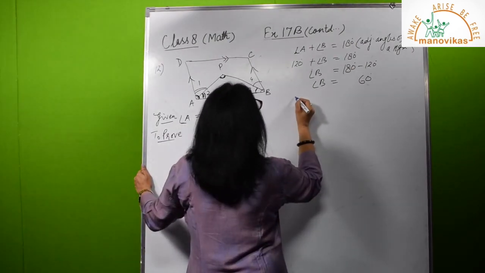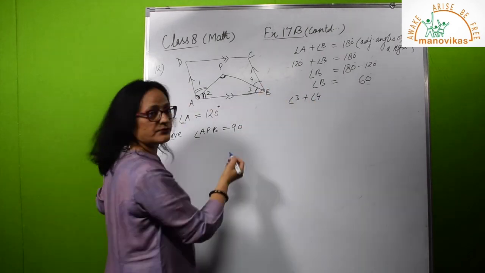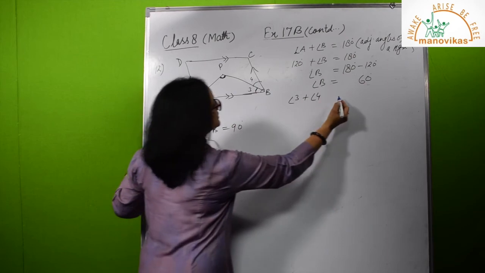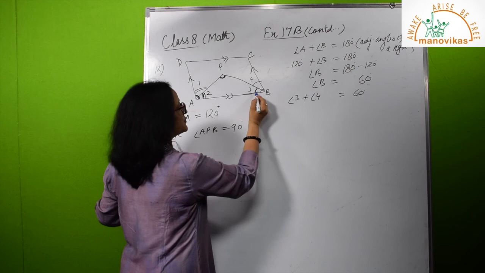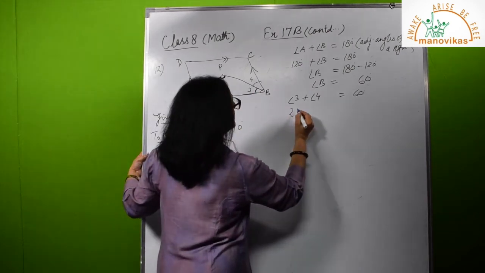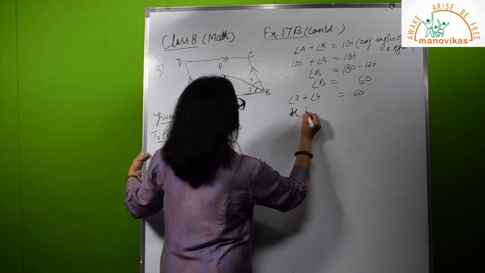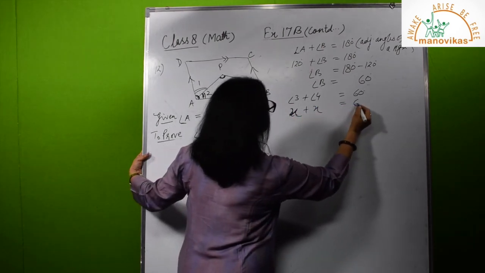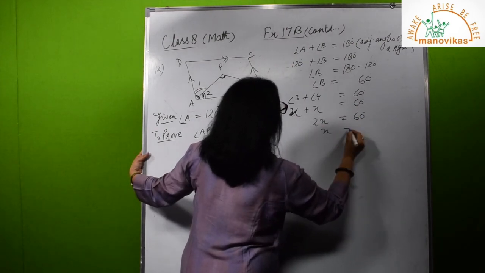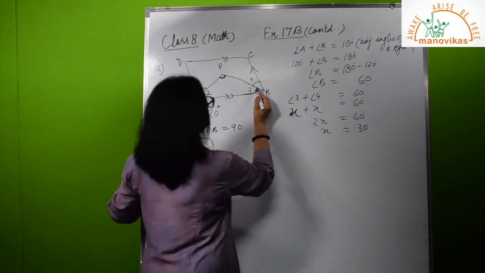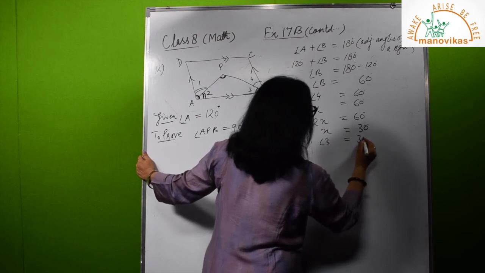Angle B we can write as the sum of angle 3 plus angle 4, right? So this sum is equal to 60 degree and both the angles are equal. Suppose both equal angles are x, so x plus x is equal to 60 degree. That means 2x is equal to 60 degree or x is equal to 30 degree. So this angle 3 means x only. Therefore angle 3 is equal to 30 degree.